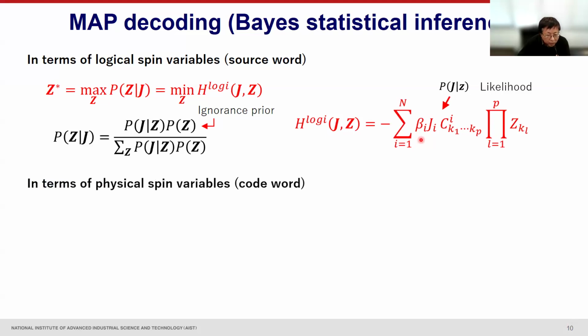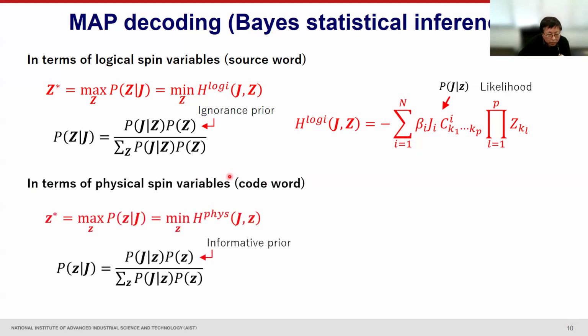The other one is written in terms of physical spin variables. In this case, we infer the physical state small z star using the knowledge of J, that is equivalent to the false physical state, and the likelihood based on the Bayes theorem.